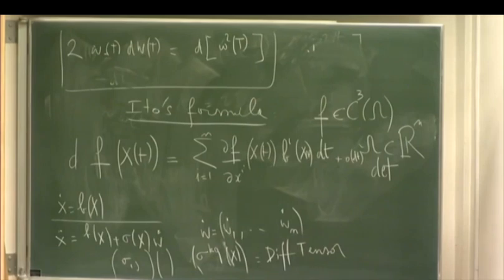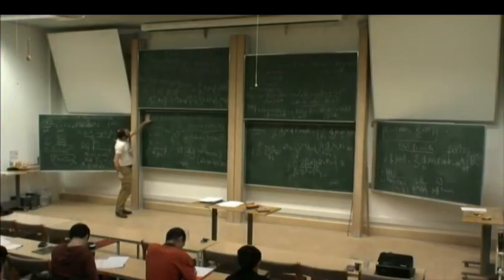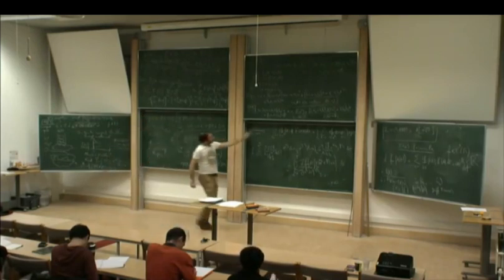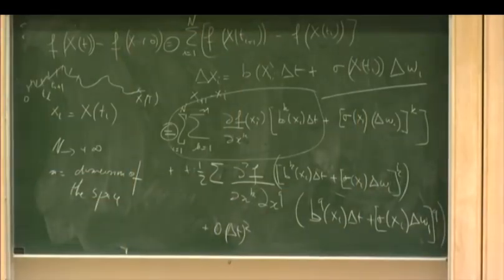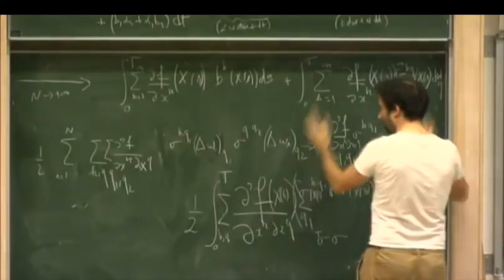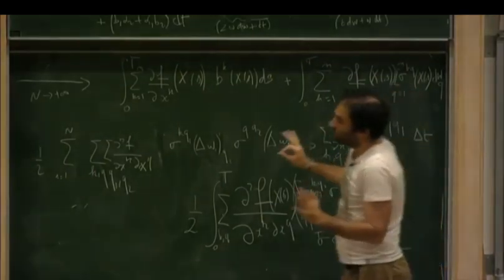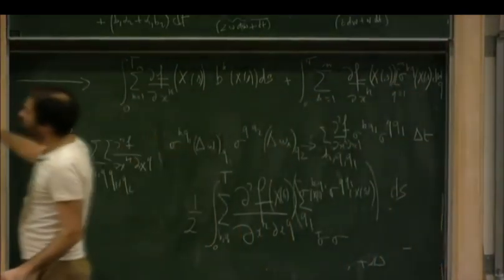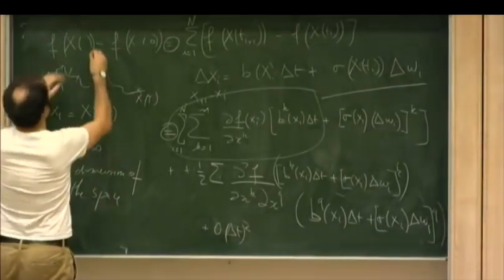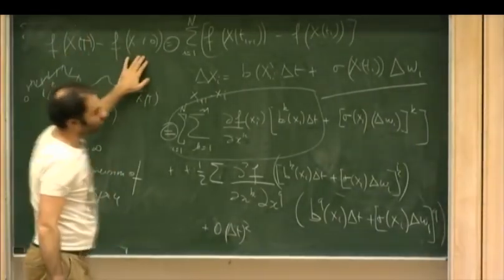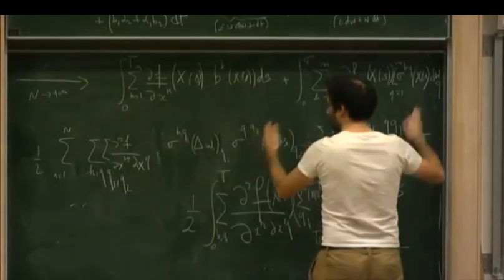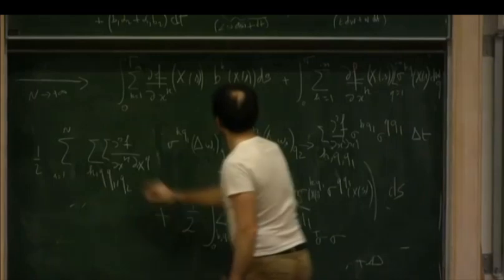Just write here df equals this plus this plus 1/2 of this, right? Because we have calculated here this quantity f of capital xt minus f of x0 equals this term plus this one. And this was the intermediate term.